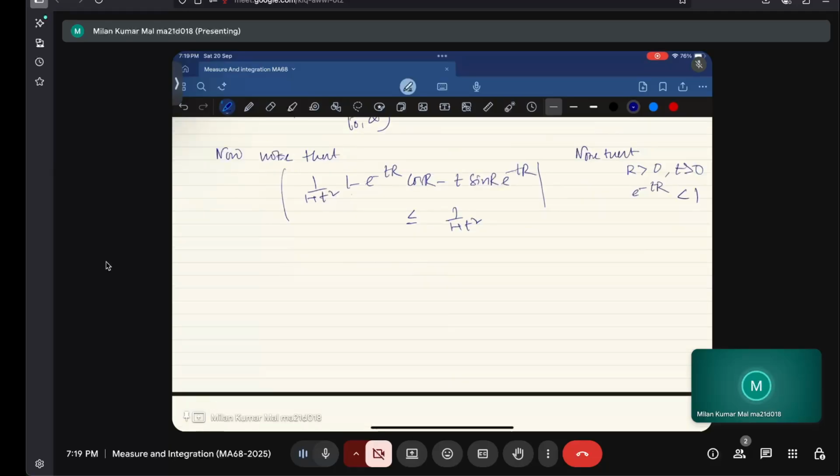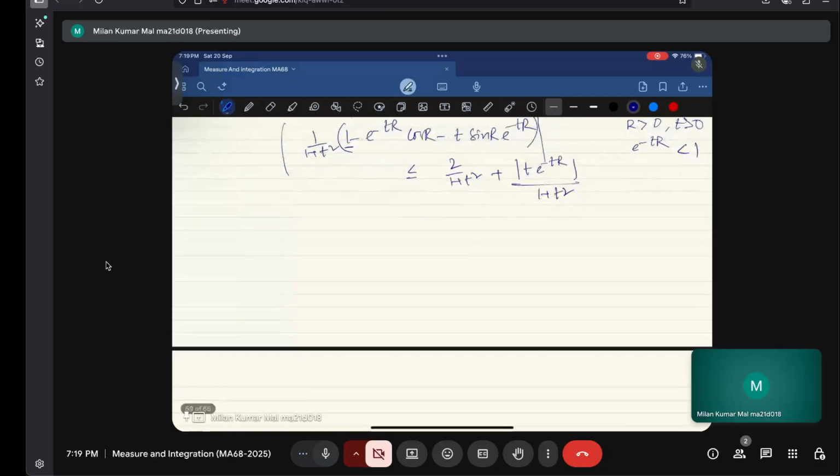So therefore, the mod of this term will give 1 by t r square, and the mod of this term will give 1 by t r square. So this will give 2 by t r square plus t e to the power minus tr mod by 1 plus t square. This is what it is. Now this will go to 0 as r tends to infinity.